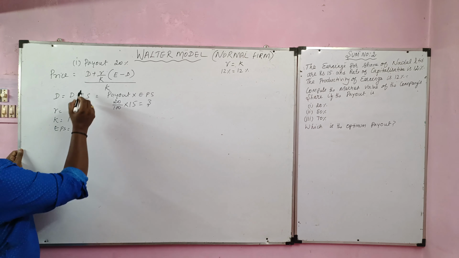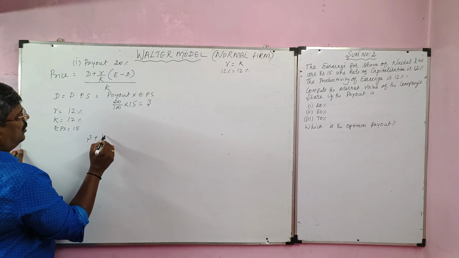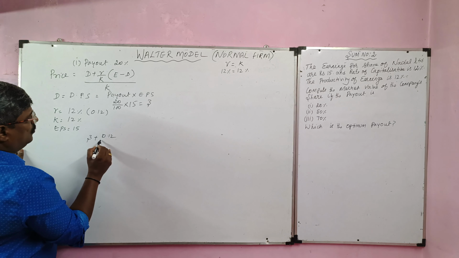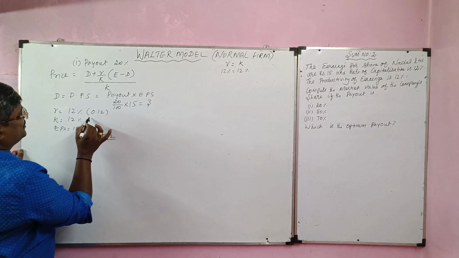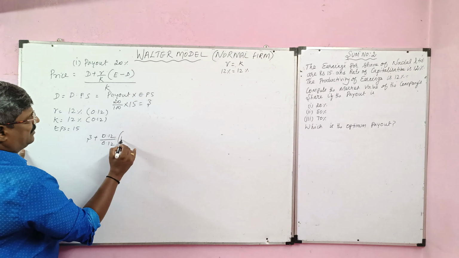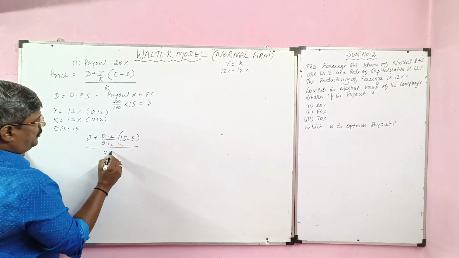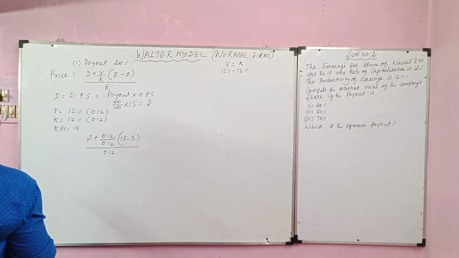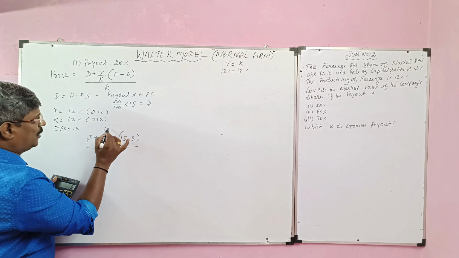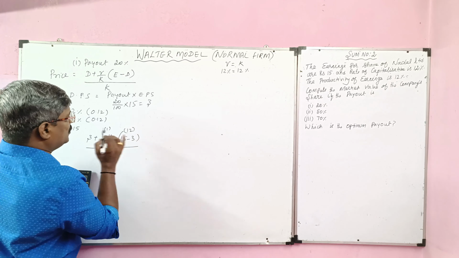Now we can apply the formula. D already we found 3 plus R 12%, we can write it as 0.12, divided by K, K also 12%, we can write it as 0.12. Earning per share 15 minus dividend 3, divided by cost of capital 0.12. Now we close this. First we should divide. 0.12 divided by 0.12 will get 1. 15 minus 3, 12. First we should multiply 1 into 12.